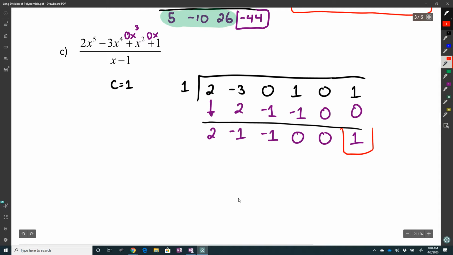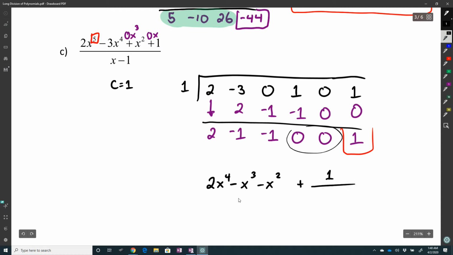So instead of having to do 4 complete steps of long division, we instead get our answer very quickly. We started with a degree 5, and so now it's going to be 1 degree less. So my answer is 2x to the 4th minus x cubed minus x squared. I don't need to write the 0, 0. I can just say plus 1 over x minus 1.